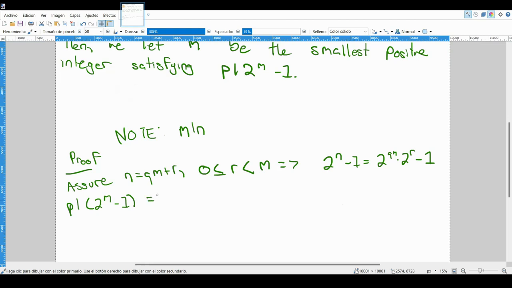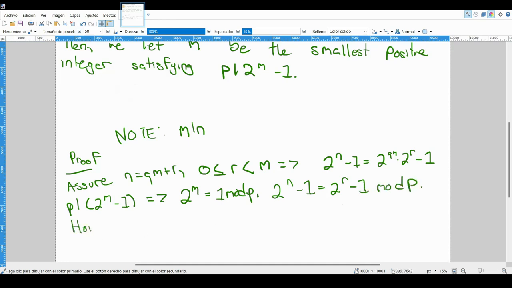So we know that 2 to the m is 1 modulo p. If this is the case, then since this value was 1 modulo p, we know that 2 to the n minus 1 will equal 2 to the r minus 1 mod p.